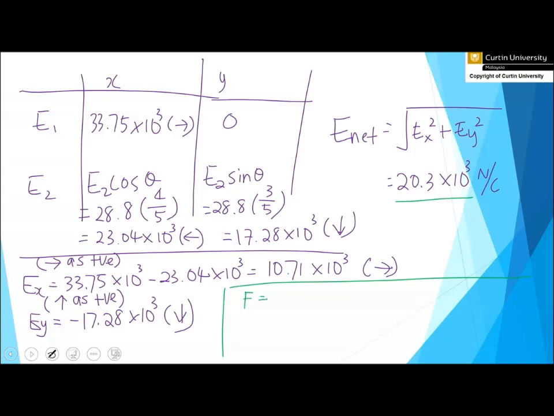It equals Q times E, whereby Q is 2 nanocoulombs times E, 20.3 times 10 to the power of 3. That will give us 4.06 times 10 to the power of negative 5 Newton. Isn't it the same as your previous example? So we can actually solve them in different ways, depending on what information you have.